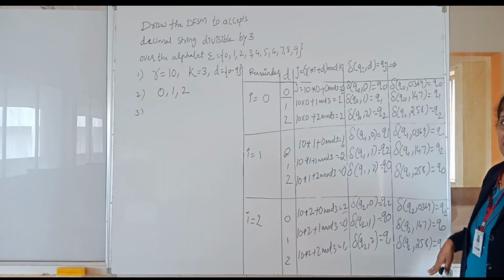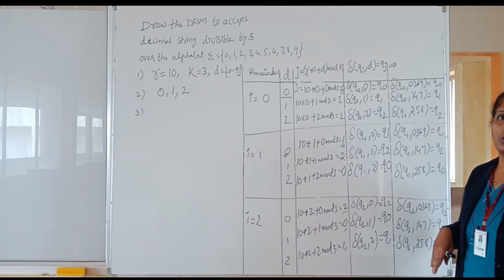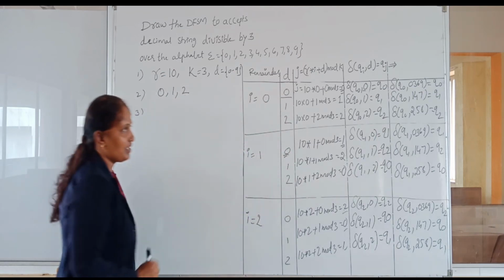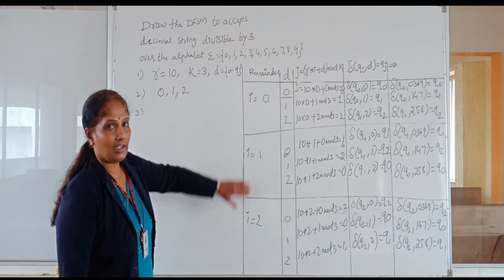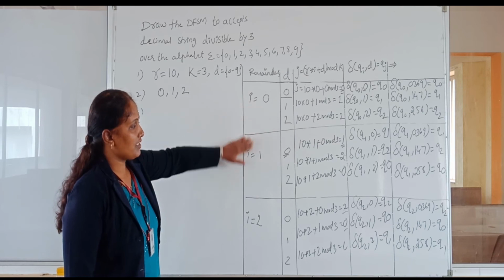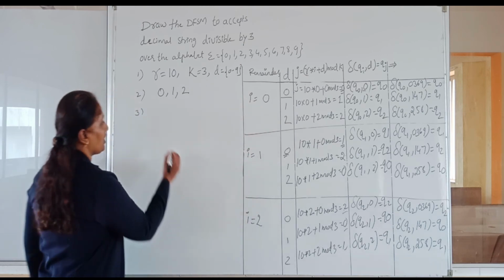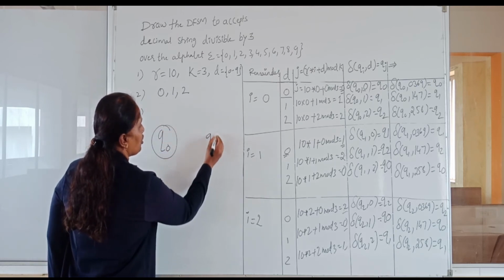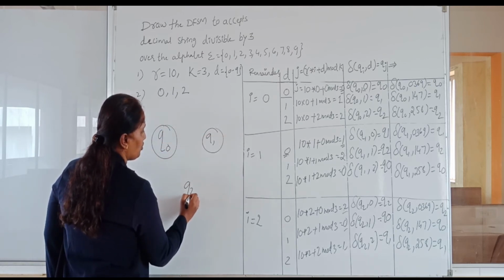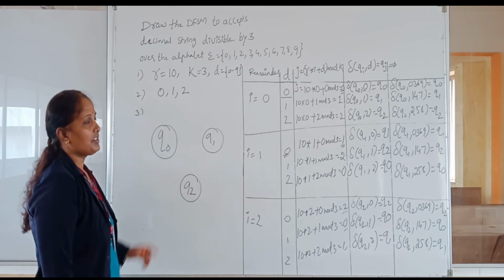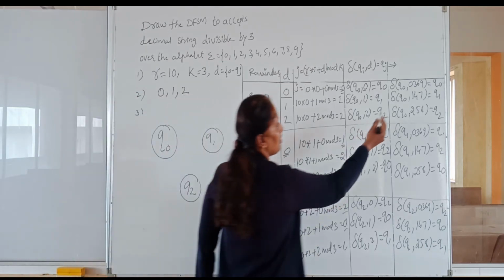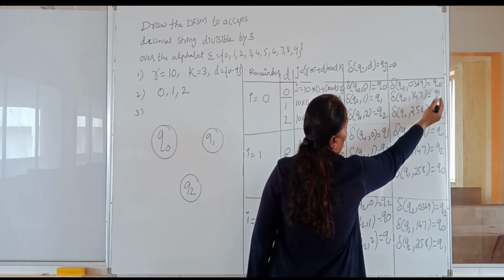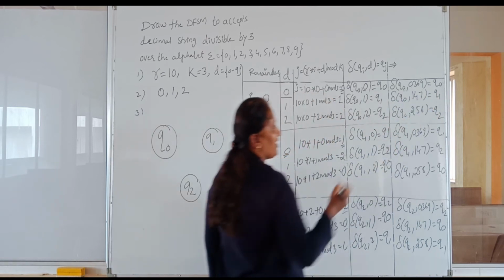Now, with the new transitions, the next step is to draw the DFSM. How many states are there in the DFSM? The states are nothing but the I values here: Q0 state, Q1 state, Q2 state. So a total of 3 states are there. Next, the transitions are already written here. Q0 of 0369, I go to Q0 itself.